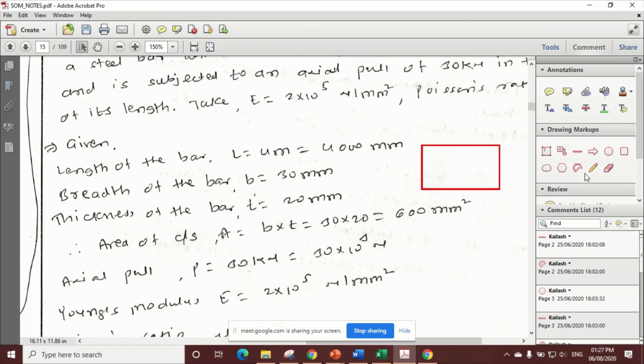So it is a rectangular one, and Poisson's ratio 0.3.